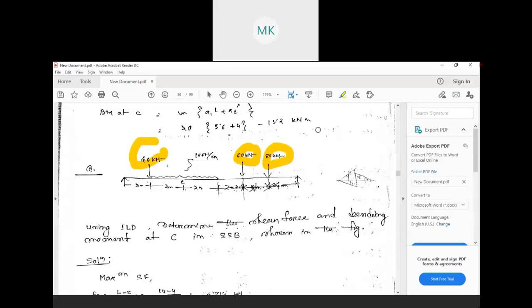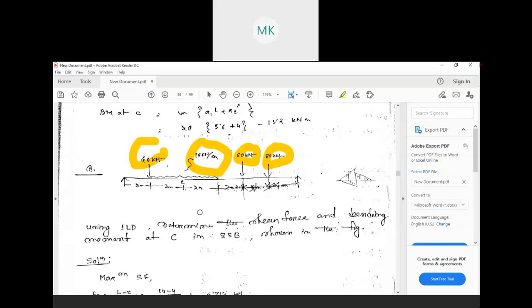In the previous numericals, only point loads or only UDLs were there. But in this numerical, we have both point load and UDL. So the procedure will be the same. We only need to add as per the loading system, which load affects which portion of the beam.